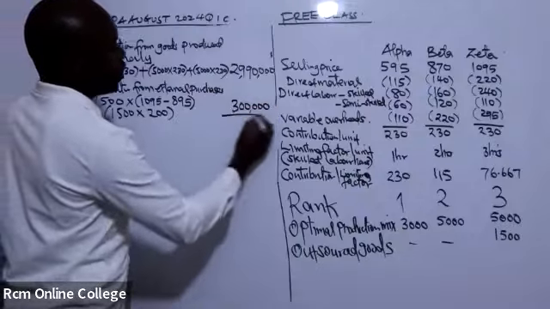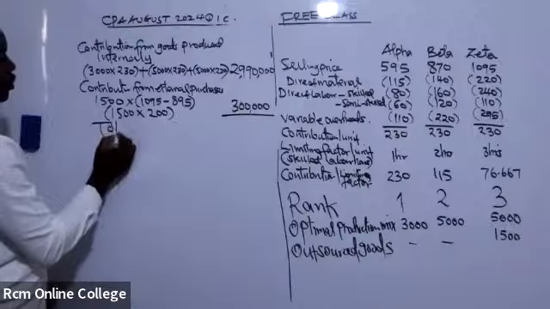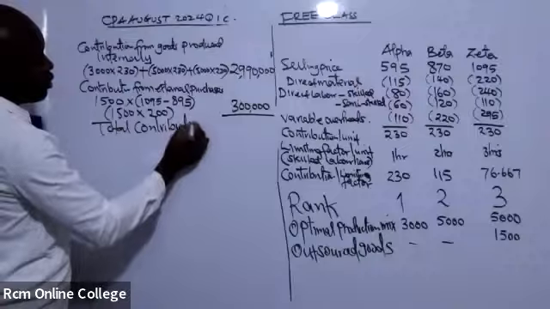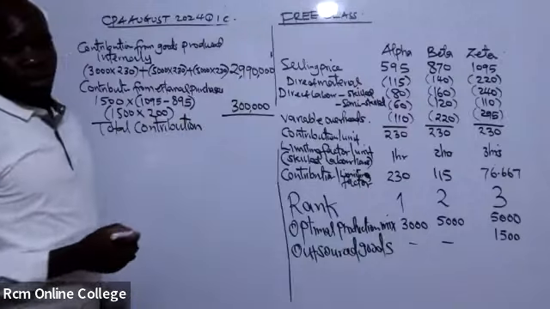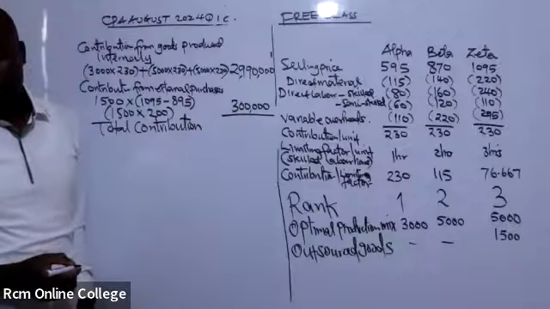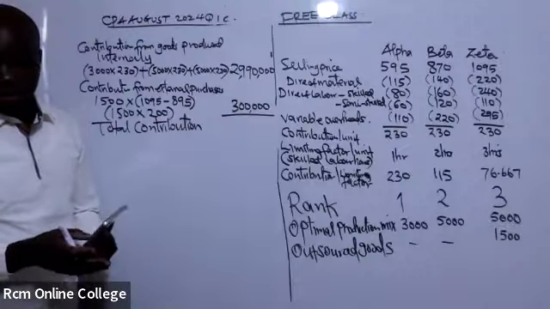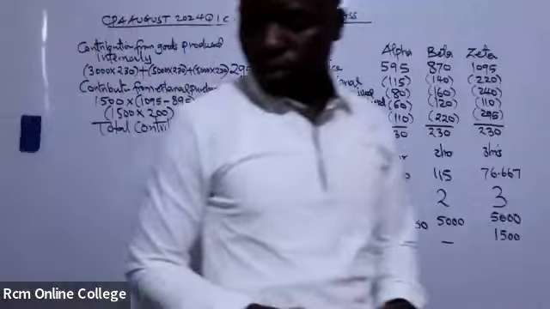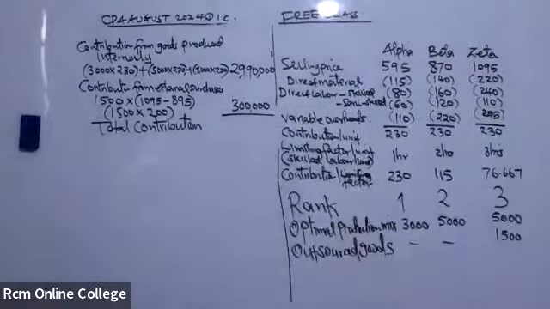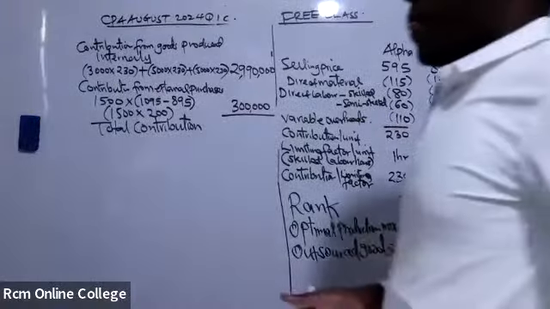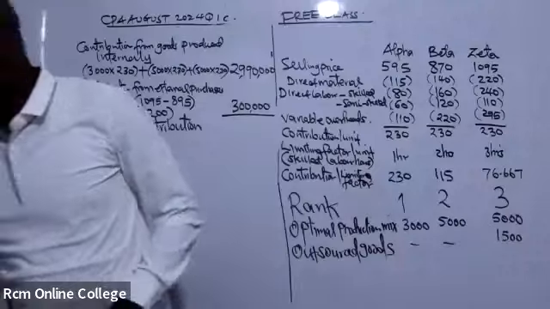So can we get total contribution? Total contribution for the company, 2990 plus 300,000. What are we getting? 29.90 plus 300,000, 32.90.